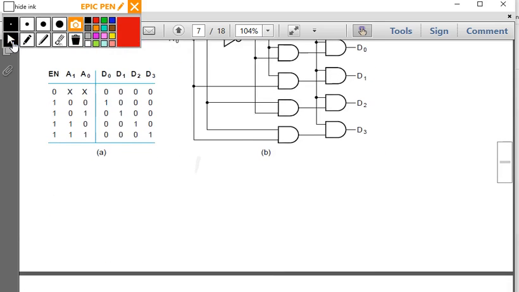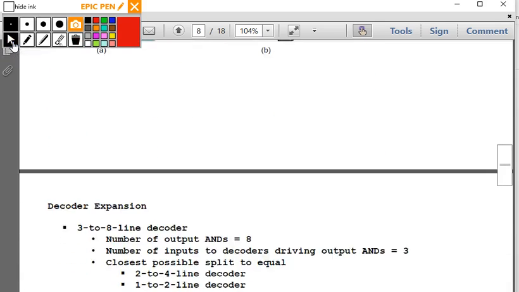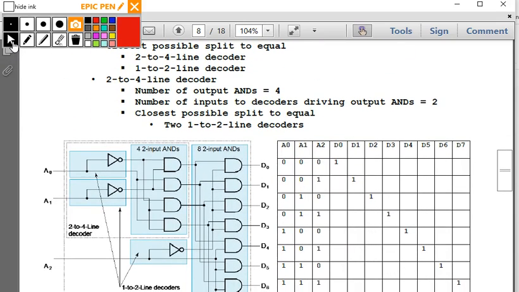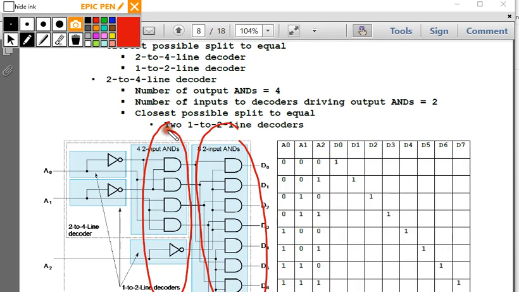Okay, so 3 to 8 decoders. Again, what we've done here is use logic structures, AND gates, NOR gates.